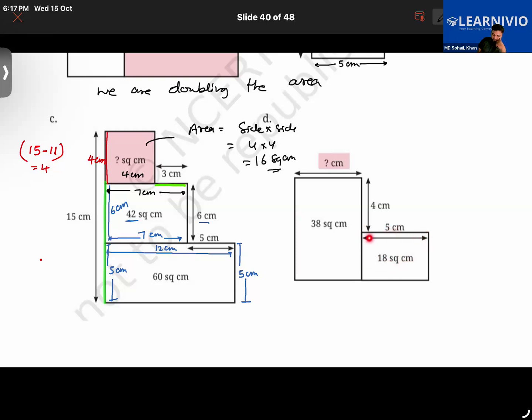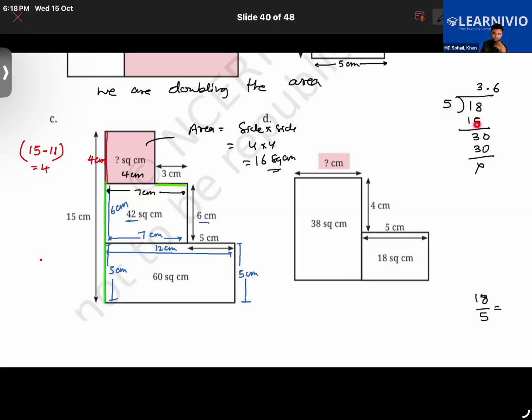Very good. 18 divided by 5, that's going to come in decimal actually. 5 threes are 15. You're going to get 3.6 like that.